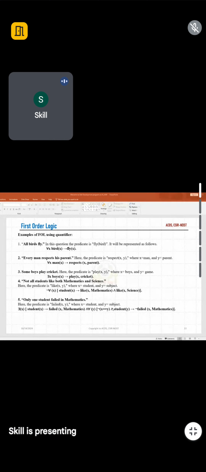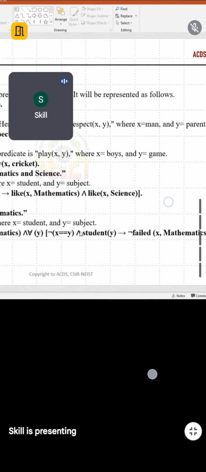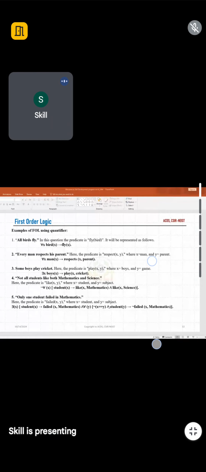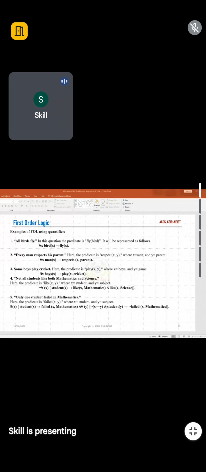So it is somewhat complex as compared to propositional logic, as complex sentences are explained in first order logic, so it requires some more examples to be seen in order to get the idea.